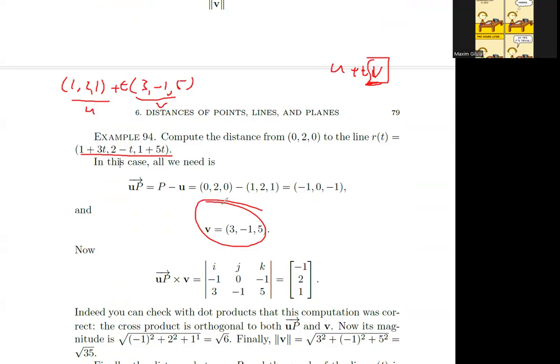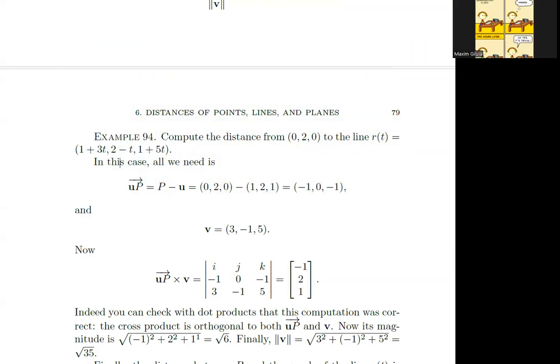So v is 3, minus 1, 5. And then I cross them. The order you cross them won't matter because you're taking an absolute value in the end. But for cross product, the order does matter. So crossing UP with V, I write UP first and then V second, and I do this determinant, and I get minus 1, 2, 1.